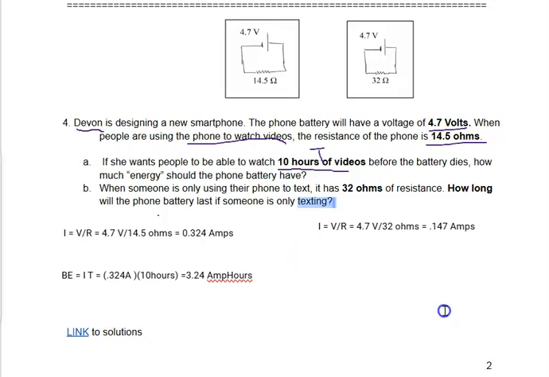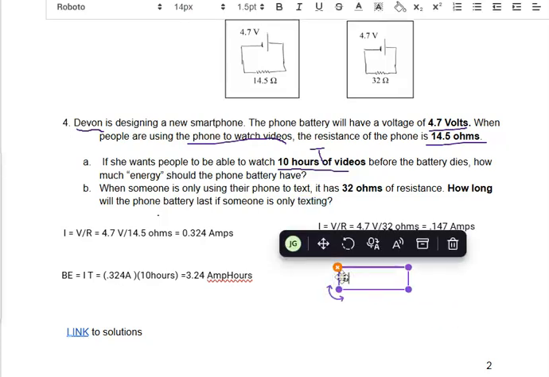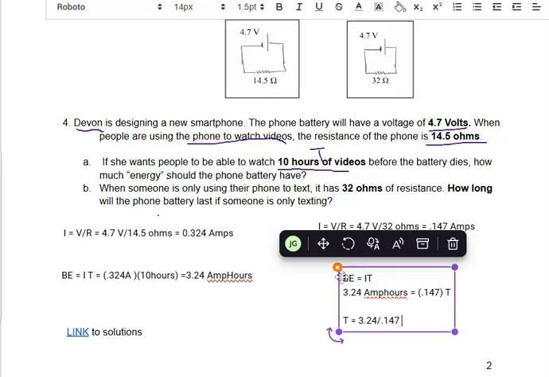So battery energy equals IT, 3.24 amp hours equals the new current times the new time. So you're going to divide both sides by 0.147, and you get that the time it will last is 22 hours.